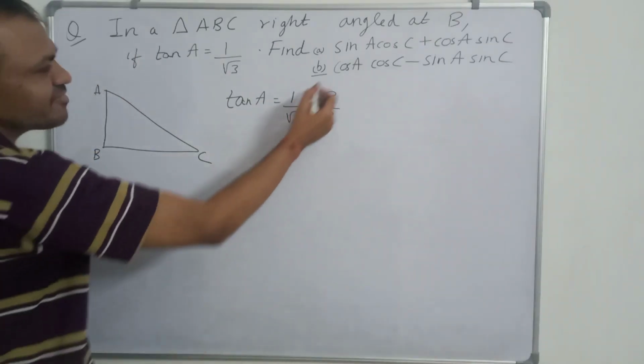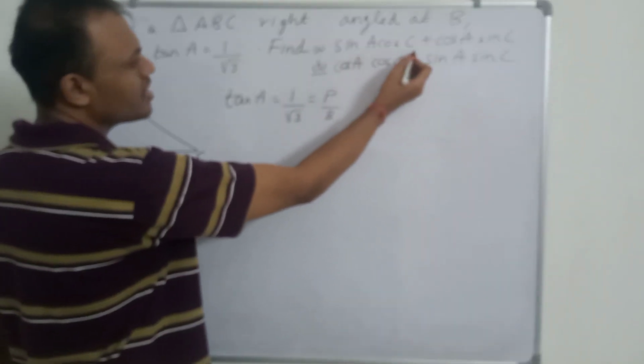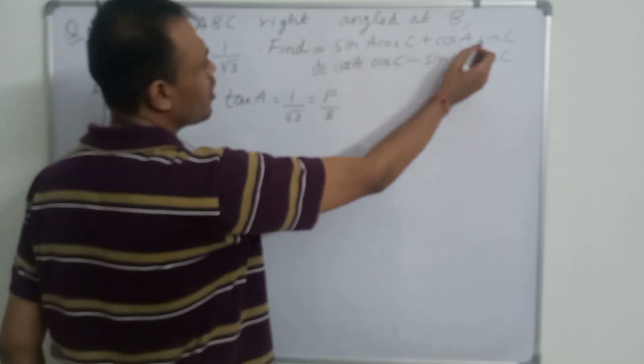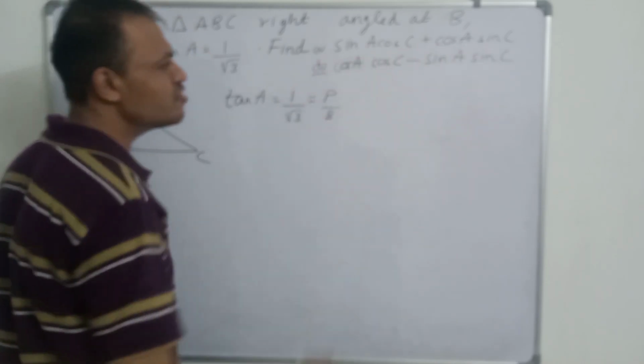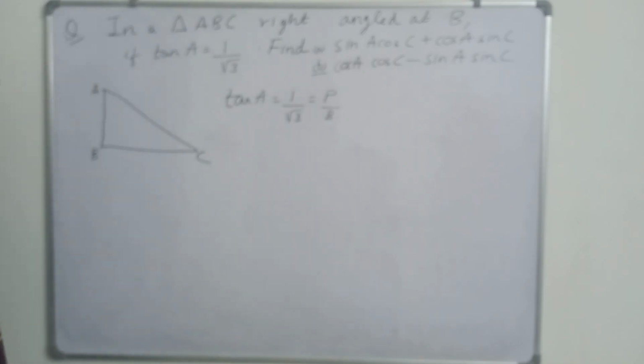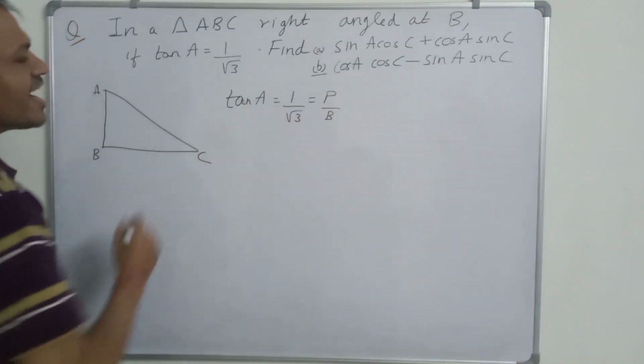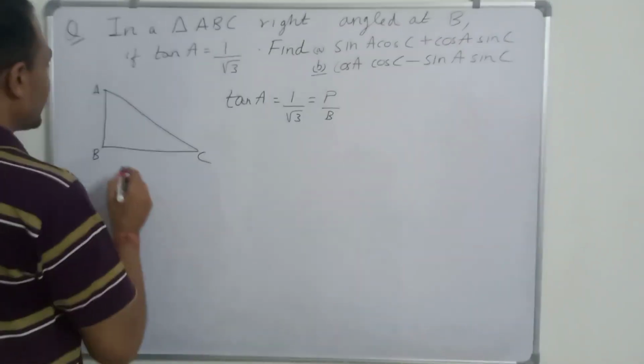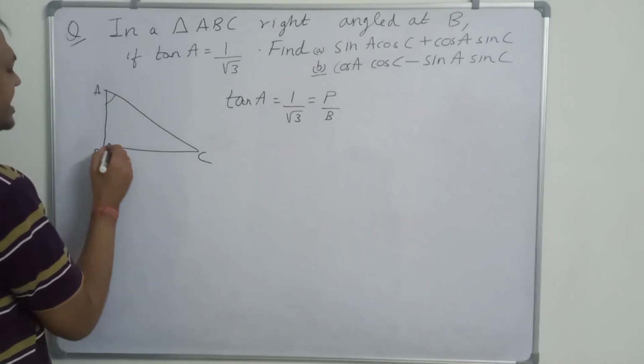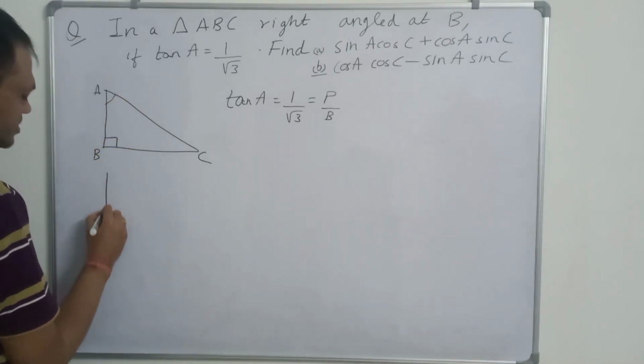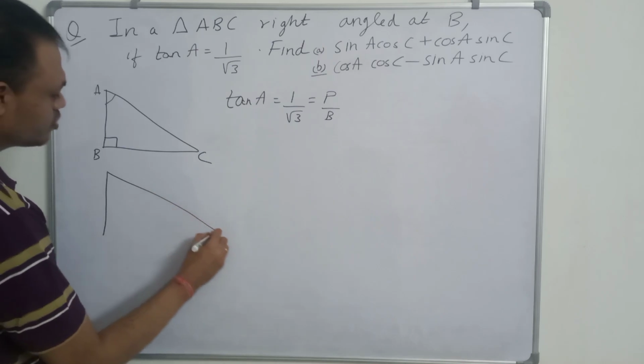So it says that first we have to find sin A cos C and cos A sin C, and next we have to find cos A cos C minus sin A sin C. So we have to find the trigonometric ratios for angle A and angle C as well. So we have to draw two triangles.